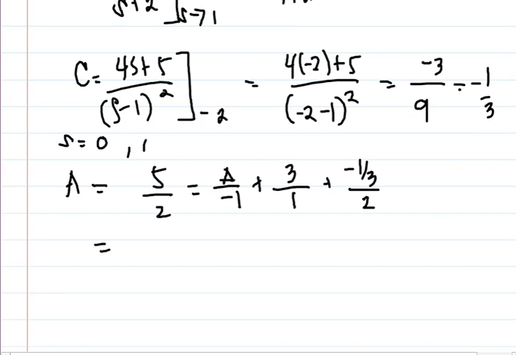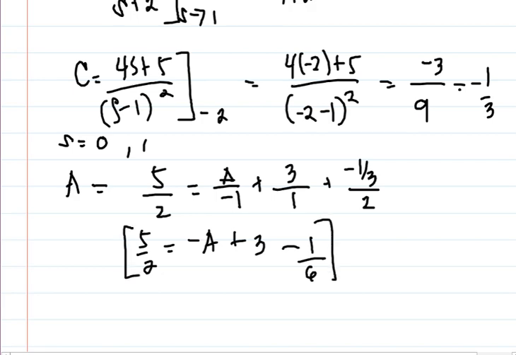So this will be equal to, okay, we have 5 all over 2 is equal to negative a plus 3 minus 1 all over 6. So multiply ko siya by 6 both side kay para ma-common sa aton nga both side. So we will have, so this is 30 divided by 2 is 15 is equal to negative 6a plus 18 minus 1.